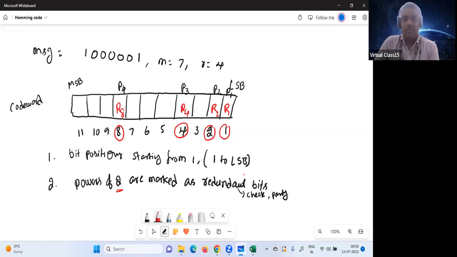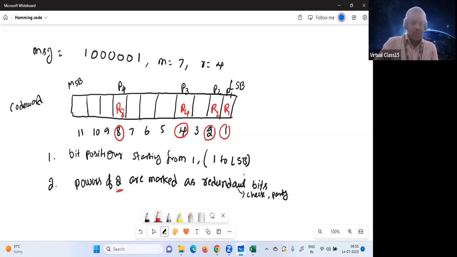Is it clear so far? I am using 2 general notations. 4 parity bits I have to compute. I can just call them P1, P2, P3, P4 and so on. But in the R notation, the subscript tells you the position of that redundant bit. Is it clear so far?